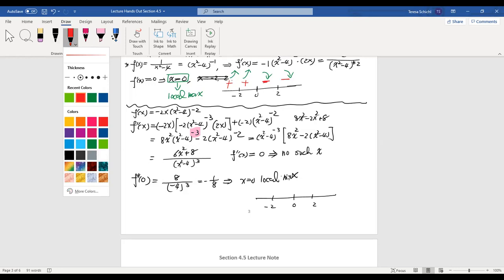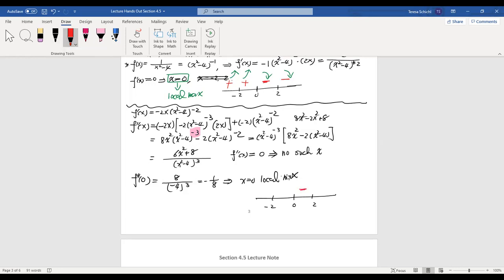Between 0 and 2, this is negative. Greater than 2, this is positive. Between -2 and 0, we have negatives here. Then less than -2, this becomes positive.